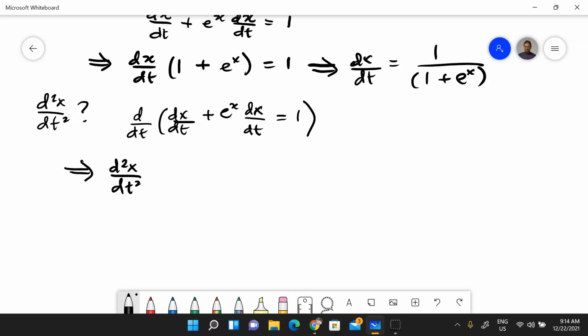But over here there are two factors, so again you use the product rule. The first one, you differentiate e to the x with respect to t, which will give you e to the x again, times dx/dt. And then remember that this dx/dt is coming from e to the x, so I will have to multiply by dx/dt again as the other factor here.